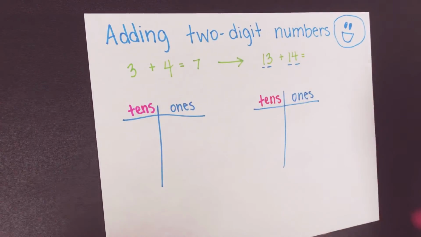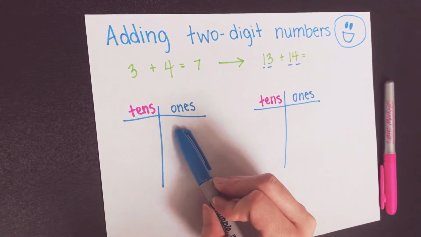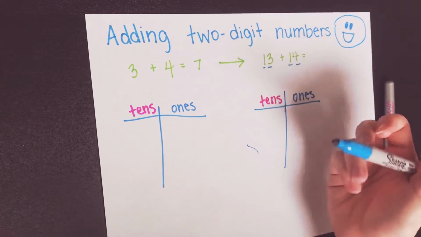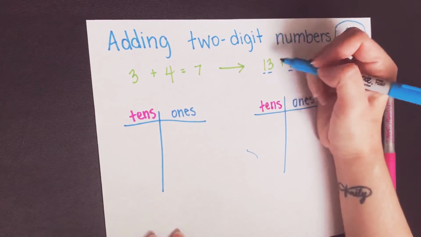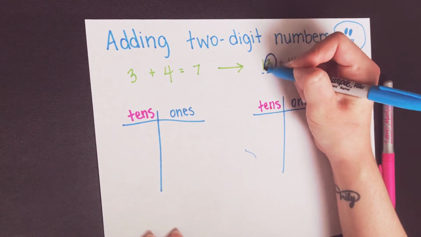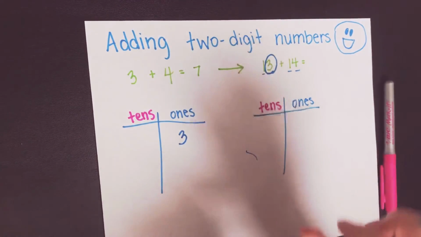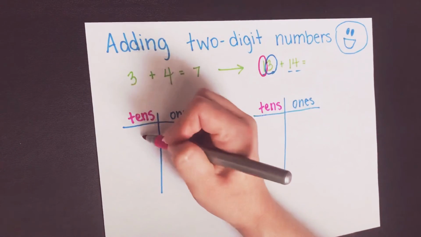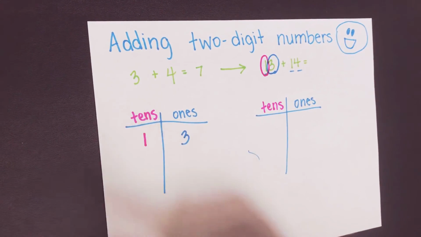All right, so let's come over here first. Let's go ahead and draw out our base 10 blocks first. So, oopsies, fun little design there. I know that I have a 3 in my ones place right here. And I know that I have a 1 in my tens place. That makes the number 13.